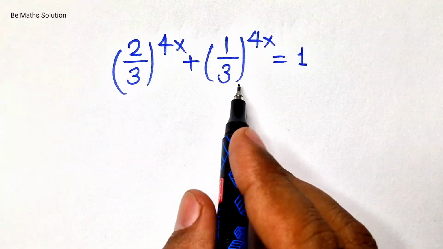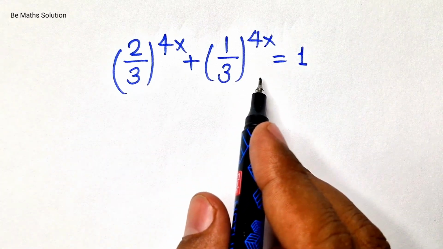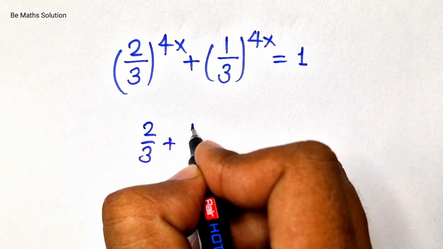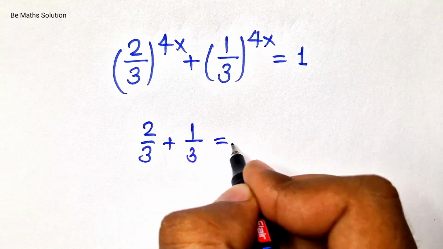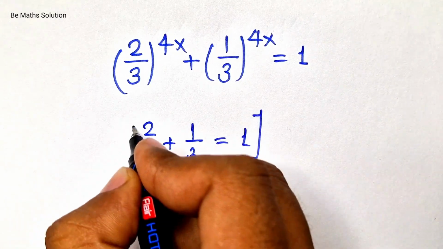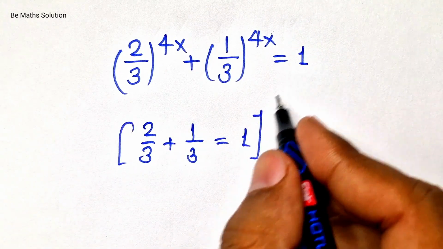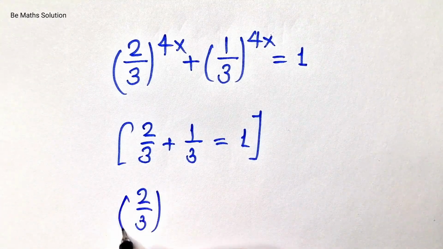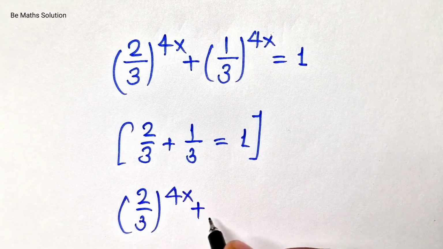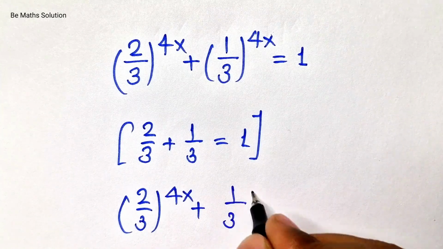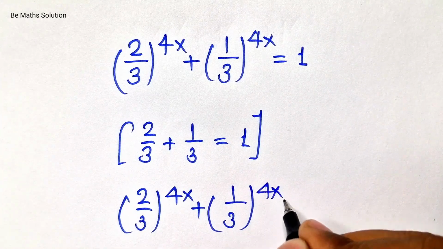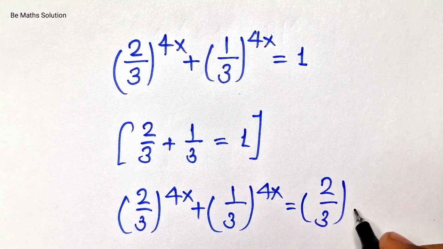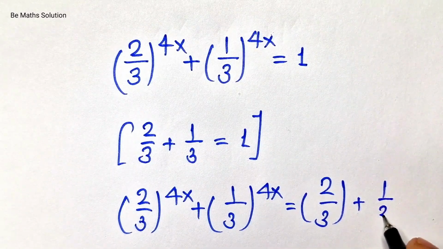Then, to solve this equation, as we know, 2 over 3 plus 1 over 3 is equal to 1, so we will apply this form here. So (2 over 3) whole power 4x plus (1 over 3) whole power 4x is equal to (2 over 3) plus (1 over 3).